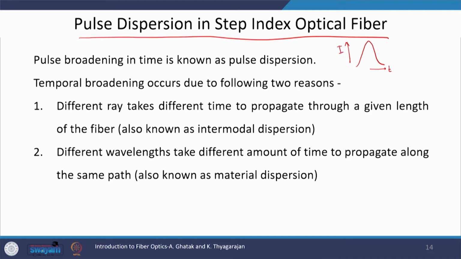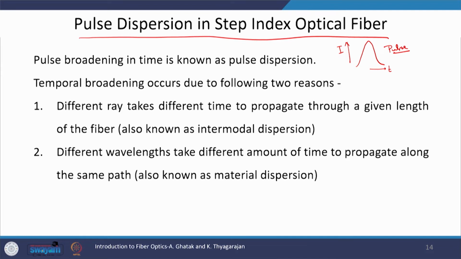All the information goes in the form of bits, 0 1 0 1, and whenever there is a 1, we may assume that there is a pulse. When there is a 0, we may assume that there is no pulse, and this is called a pulse. Before coupling the light into the fiber, it is encoded, and then after receiving the light at the other end of the fiber, it is decoded.